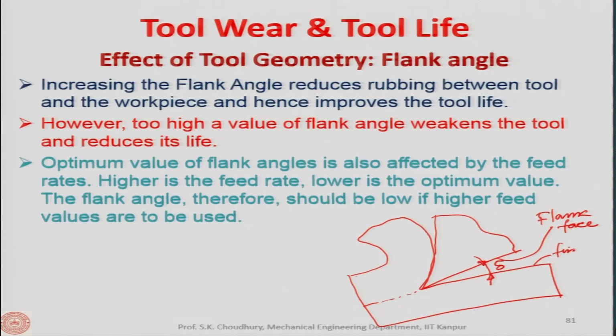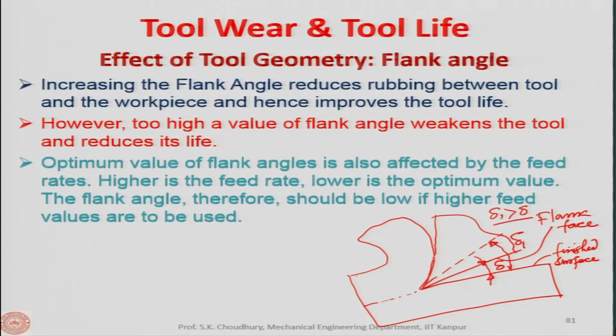So, this is the finished workpiece surface. Again, suppose we are increasing this flank angle like this, and here the flank angle has been increased from delta to delta 1, where delta 1 is more than delta.